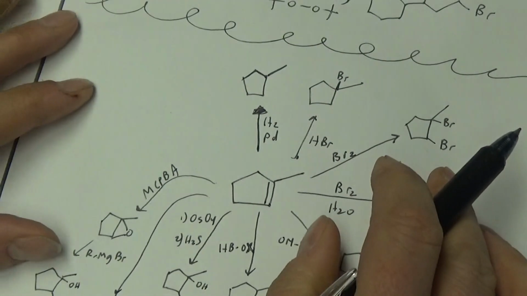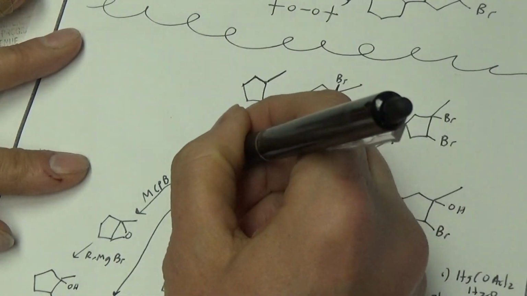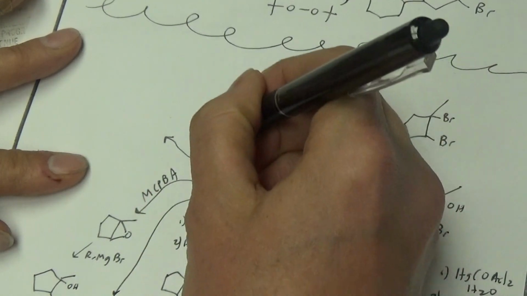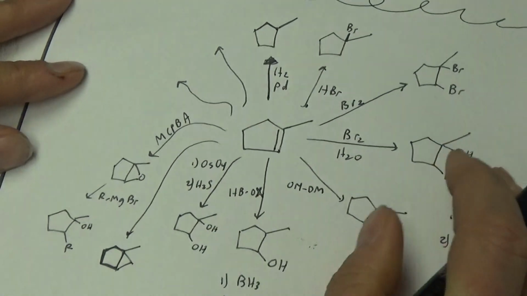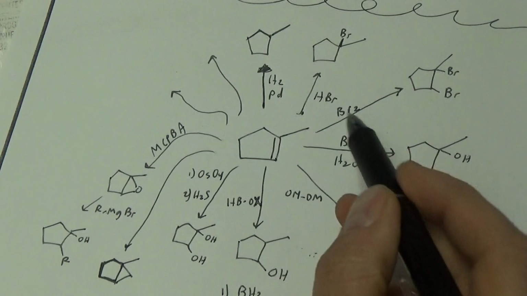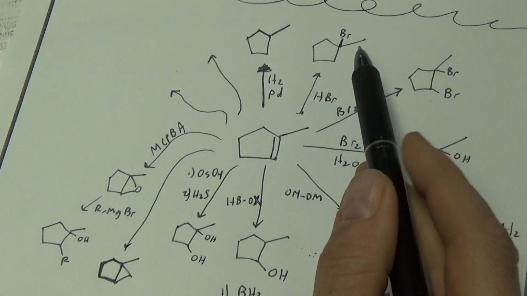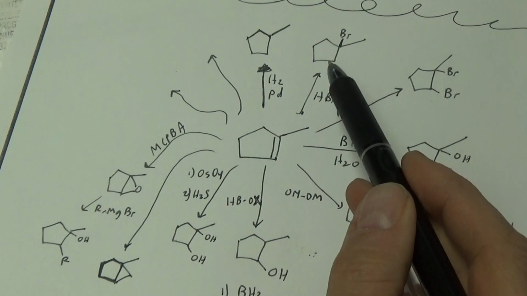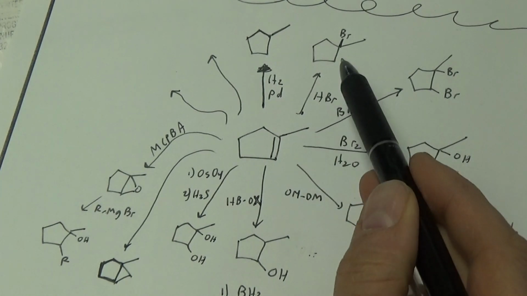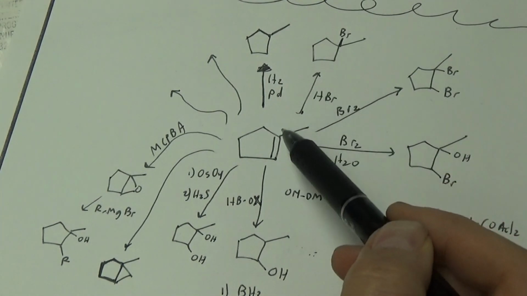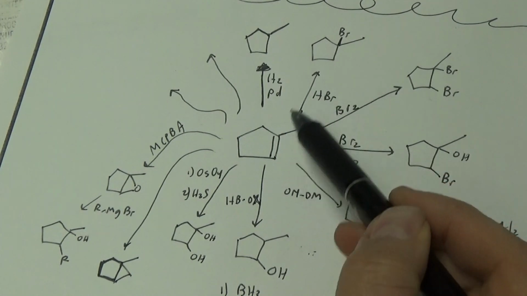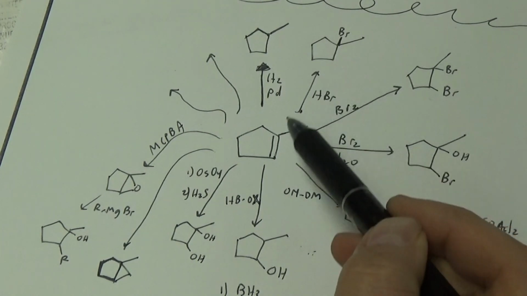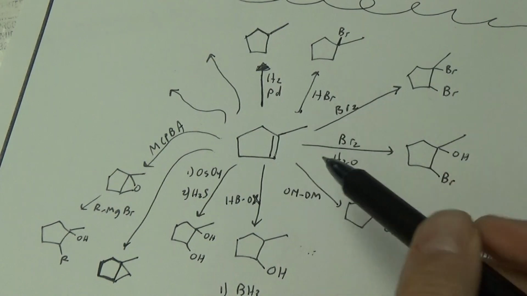Okay, anything else? There's 2 more. One is remember the last reaction we just talked about. The alternate to the Markovnikov HBr is the anti-Markovnikov HBr, right? With peroxides.